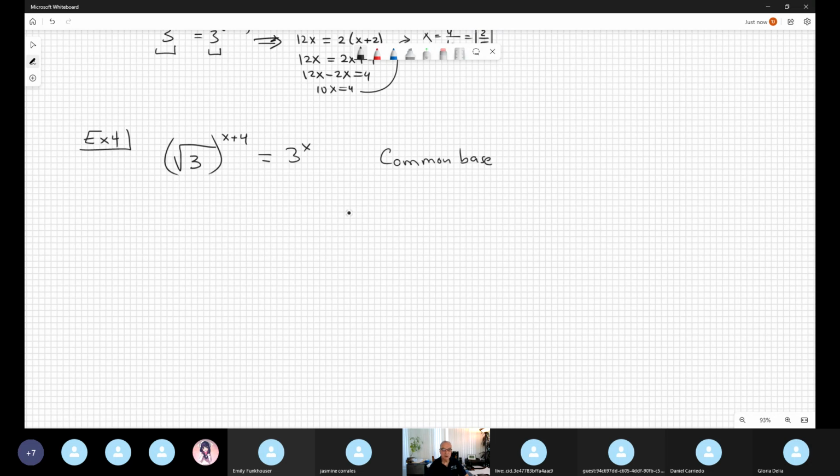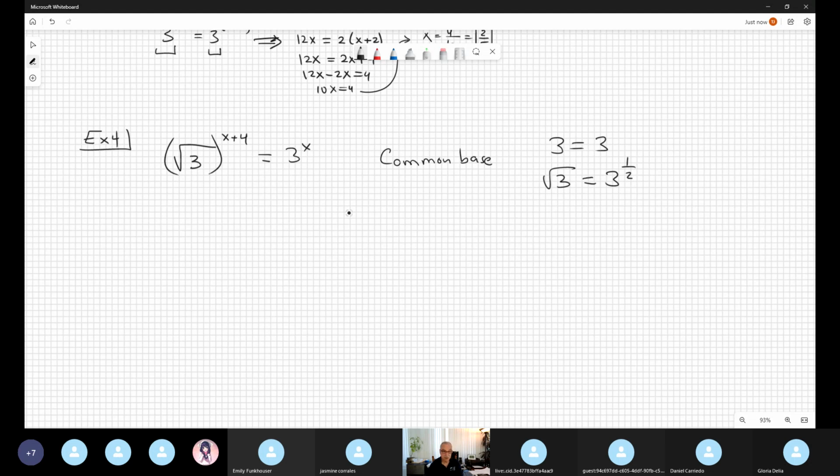Well, 3 is 3. And radical 3 is 3 to the 1/2. Remember fractional exponents? Do you remember radical and fractional exponents? They are equivalent.